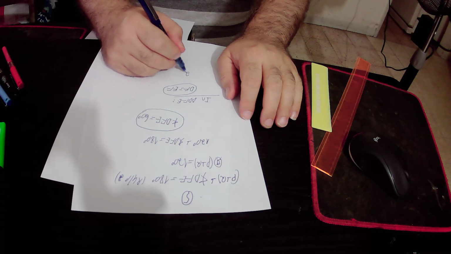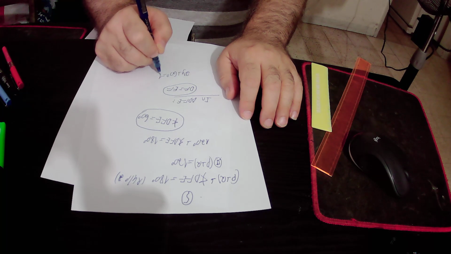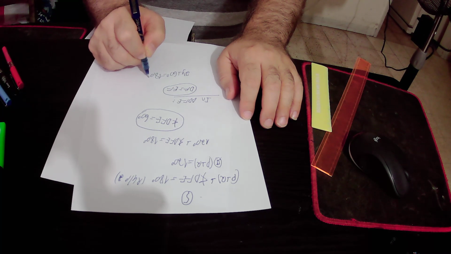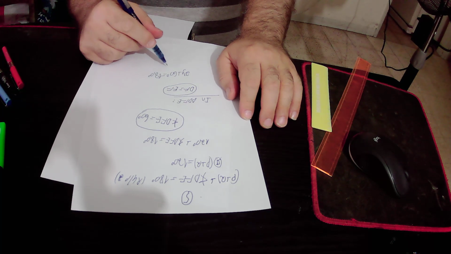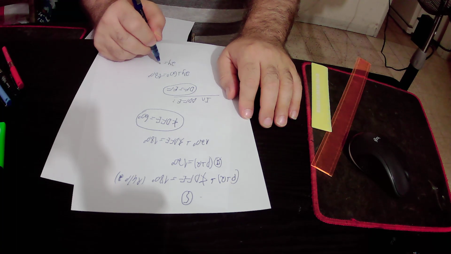So 2y plus 60 degrees must be equal to 180 degrees. Here we will subtract 60 degrees from this equality and we will get that 2y equals 180 degrees minus 60 degrees, which is 120 degrees.